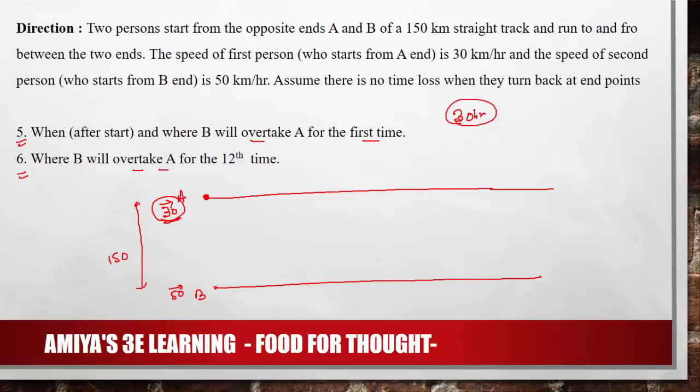If your speed is 30 and the distance is 150, you would take 5 hours. So say this one is 5 hours. In the 5 hours, you start from A and reach B. And after 5 hours, that means 5 to 10, from B to A. Then 10 to 15, then 15 to 20, then 20 to 25.